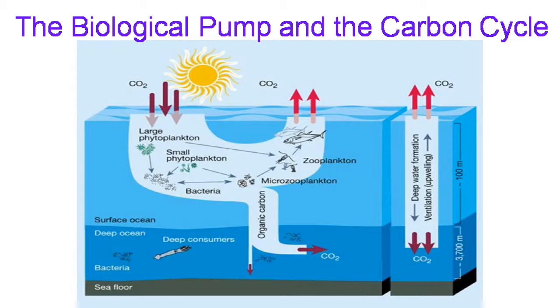So they're part of what's called the biological pump in the carbon cycle, where they can be a sink of your carbon dioxide, and that goes into the food web, and some of that carbon can eventually sink to the seafloor and not be released to the atmosphere.